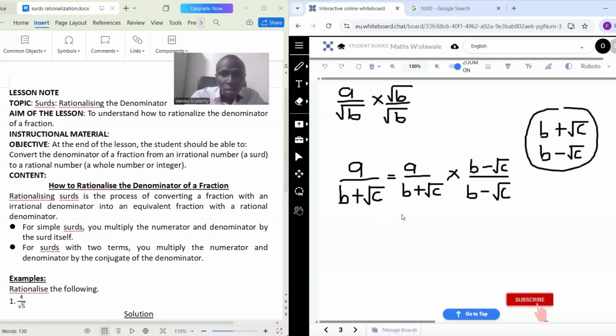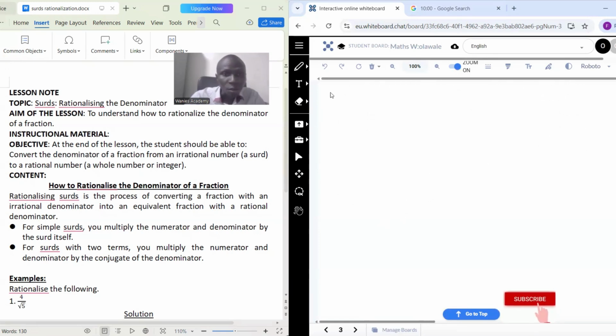So let's now look at three examples in this topic. We have the first one. We have to rationalize the following: 4 over the square root of 5. So we want to rationalize this. We multiply the numerator by the square root of 5, and we also multiply the denominator by the square root of 5.